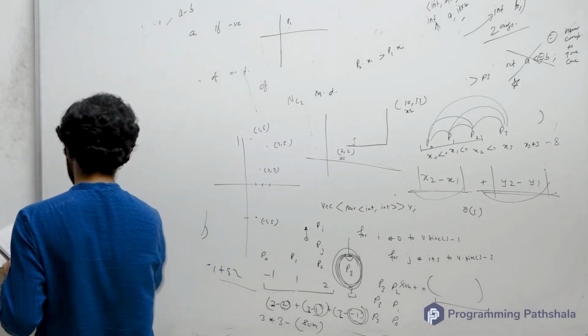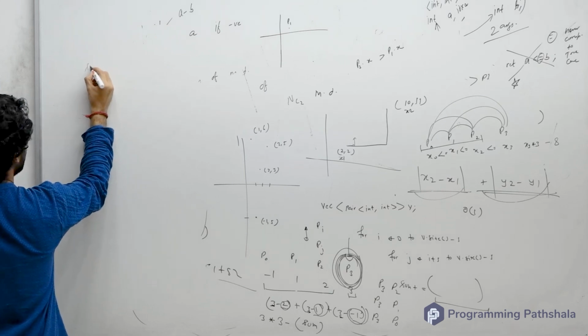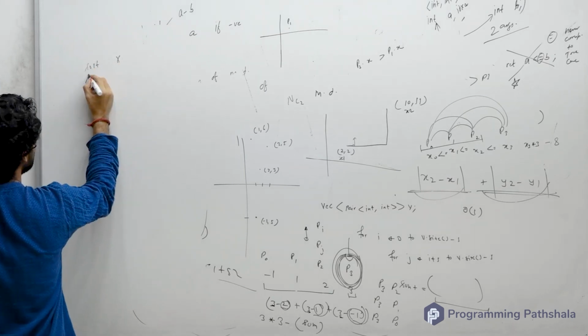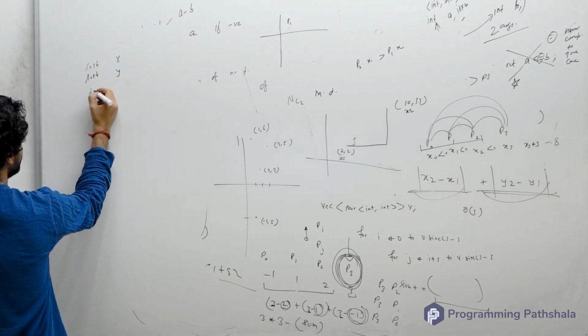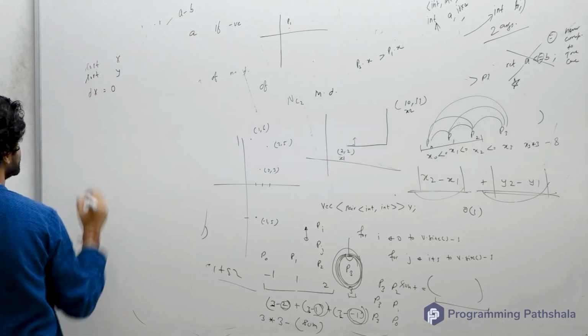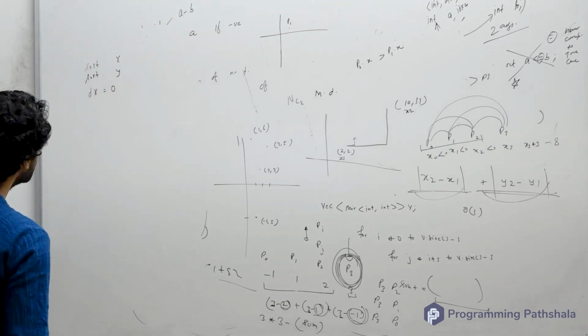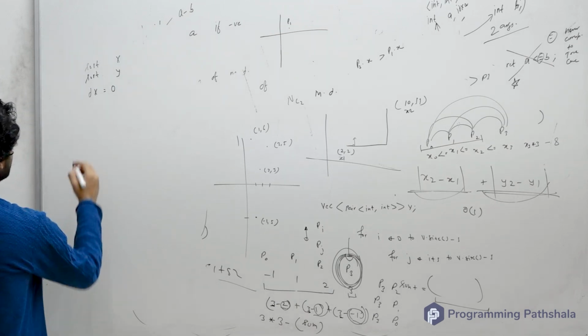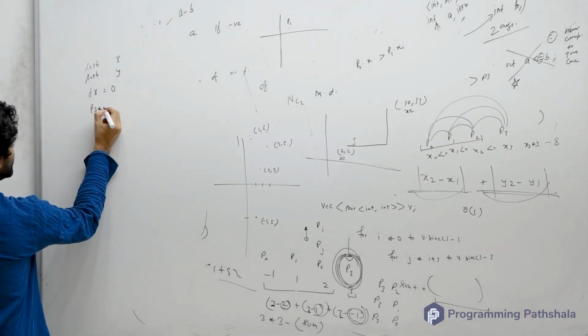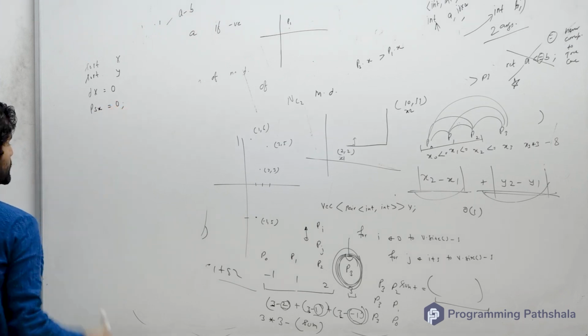So I think your code will look like this: first you sort the x coordinates, then you sort the y coordinates, right? Then you initialize a variable, distance of x coordinates, which is initially 0. And then you initialize your prefix sum in x to 0.